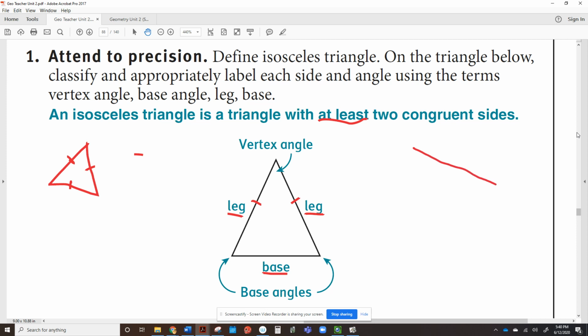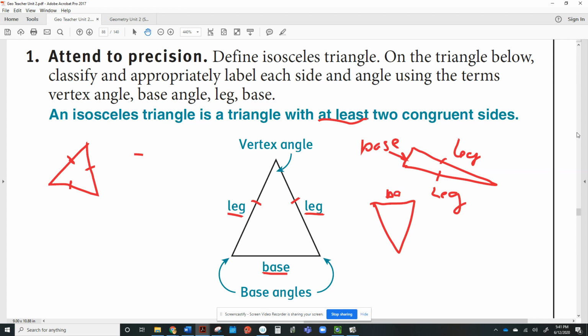But I can draw you an isosceles triangle right here. Okay, these two legs right here, obviously the two that are the same length. And this is still a leg, this is still a leg, and this here is the base. It has nothing whatsoever to do with which side is on the bottom. We could take this triangle right here and turn it upside down, and the base would be on the top.